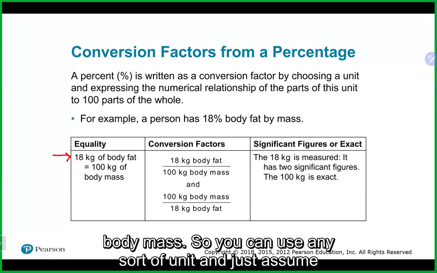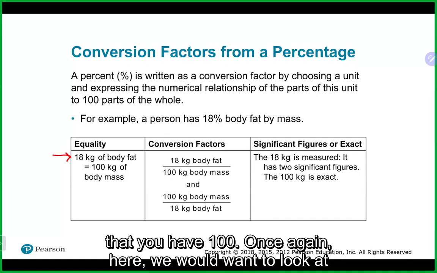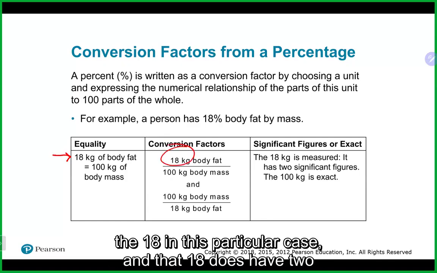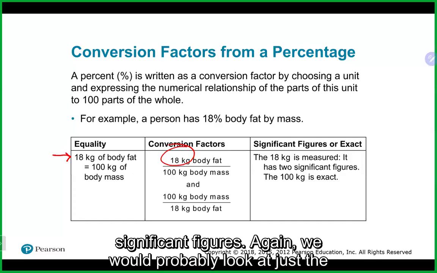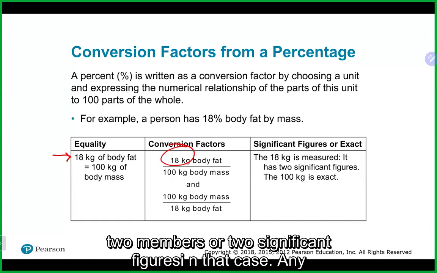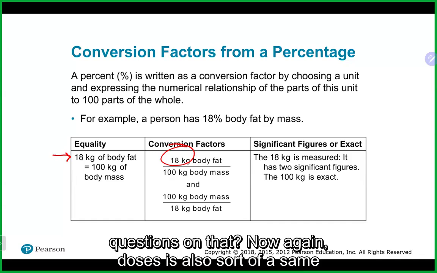So you can use any sort of unit and just assume that you have 100. Once again, here we would want to look at the 18 in this particular case, and that 18 does have two significant figures. We would look at just the 18 here because it originated from the 18%, where that 18% had two significant figures. Any questions on that?